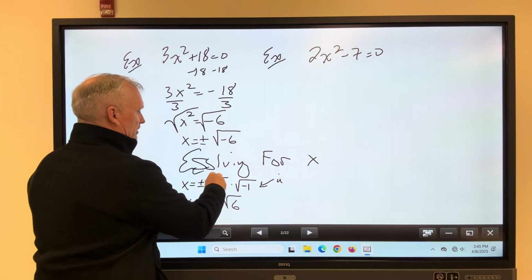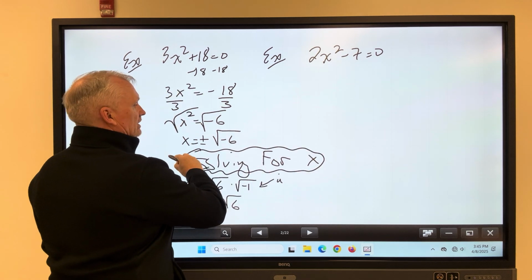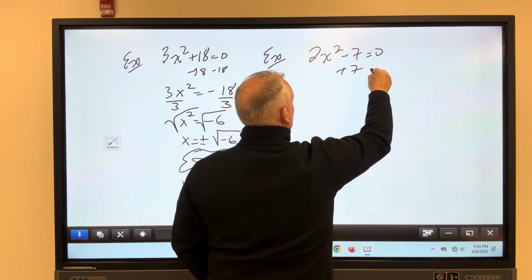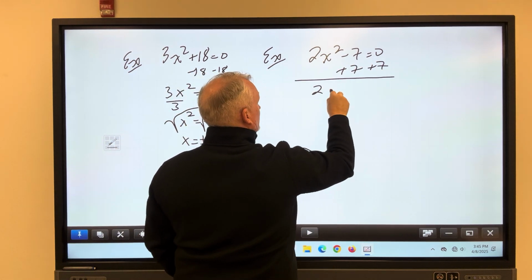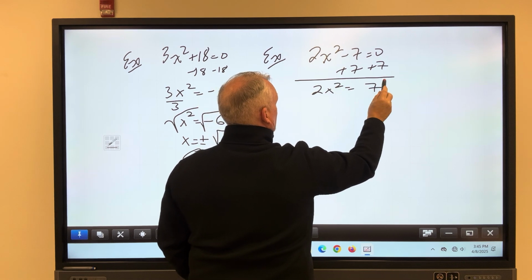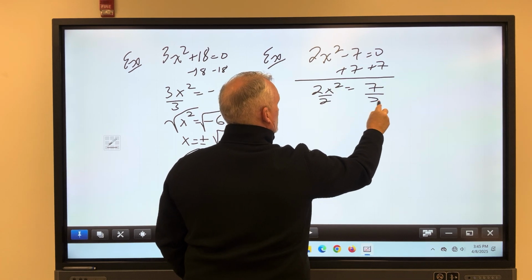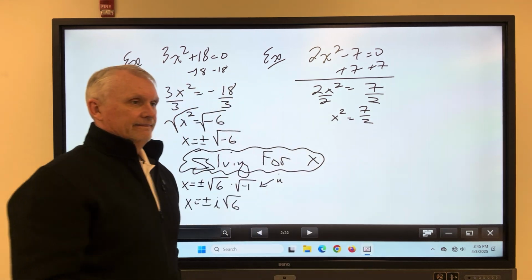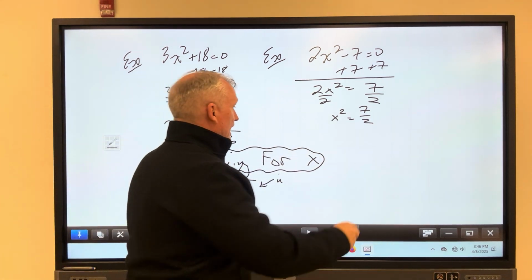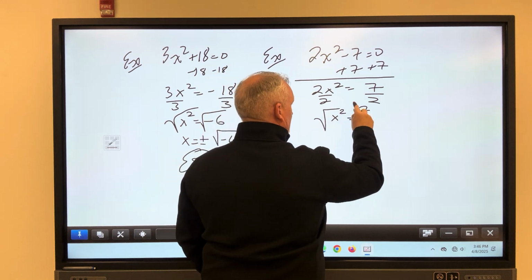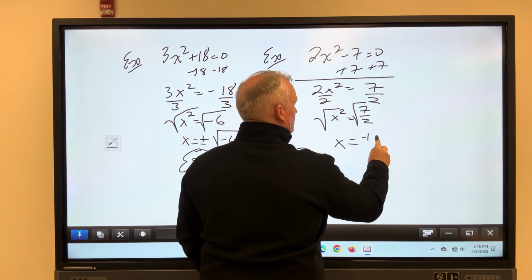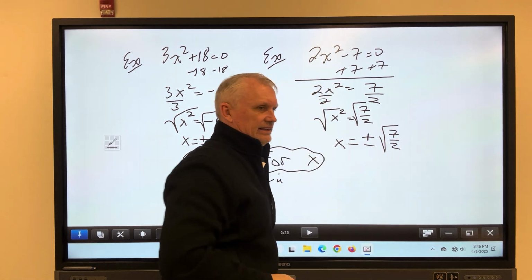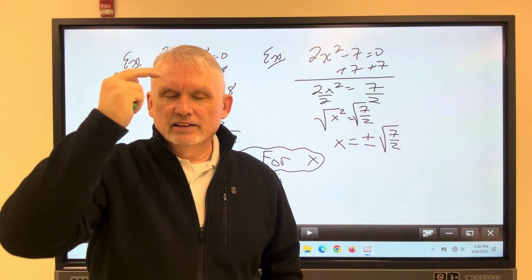Again, solving for x. So add 7. So I get 2x squared is equal to 7. Divide by 2. X squared is equal to 7 over 2. Take the square root of each side. So x is equal to, do not forget the plus or minus, the square root of 7 over 2. I don't like that because I can't simplify it.